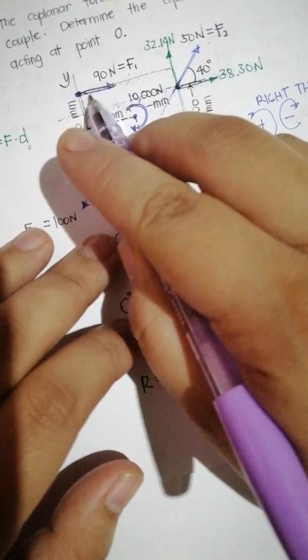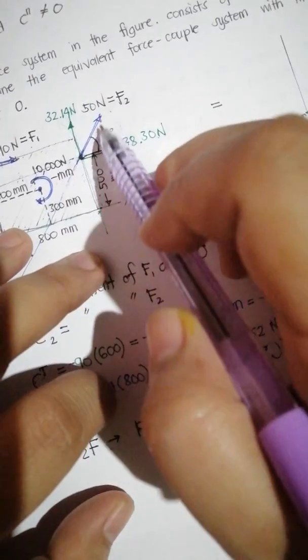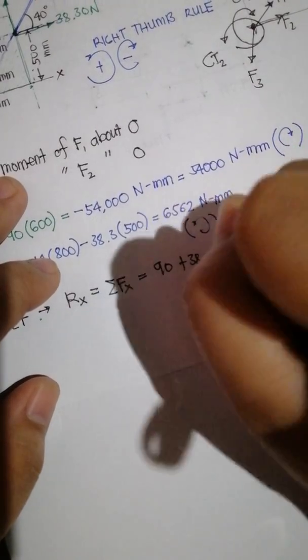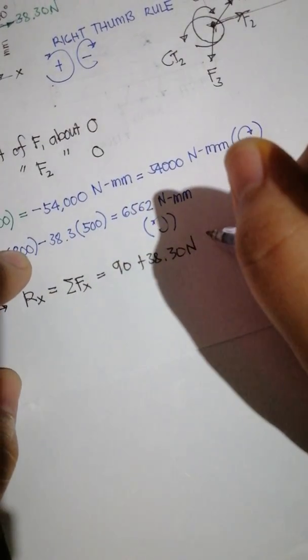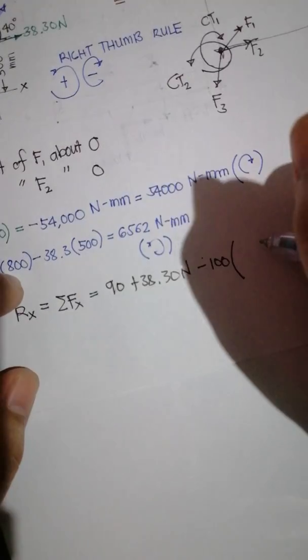So, for the 90 Newton, that's to the right, it would be positive. For the 50 Newton, 38.3 should be also, of course, positive because it's to the right. And for the 100 Newton force, so we have to the left siya, so negative 100, then over 3/5.